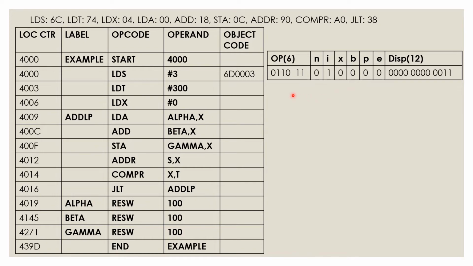Here the operand is the direct value #3, so there is no address for 3. 3 itself acts as the displacement value, so B and P will be set to 0.